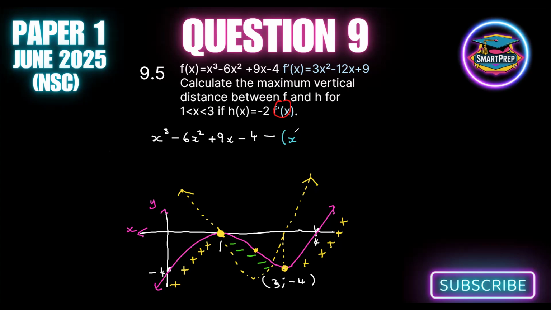So I'm going to get 3x squared minus 12x plus 9.